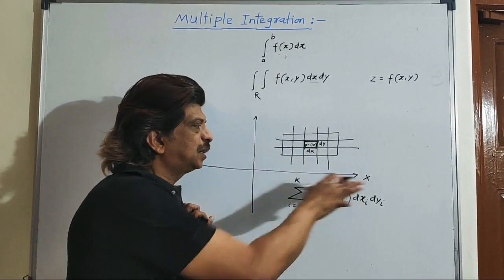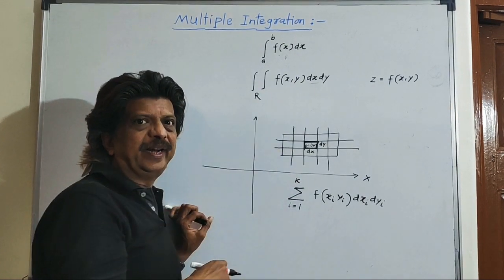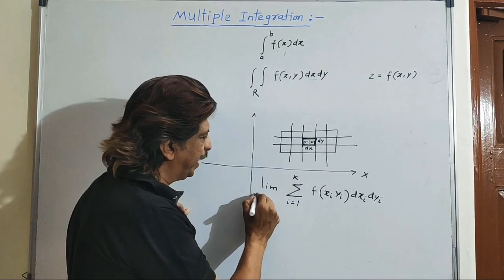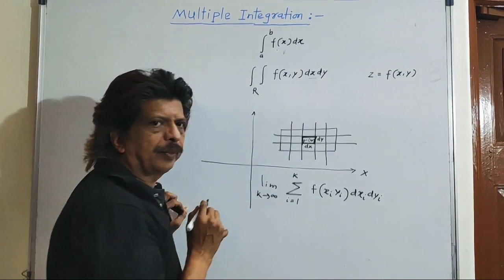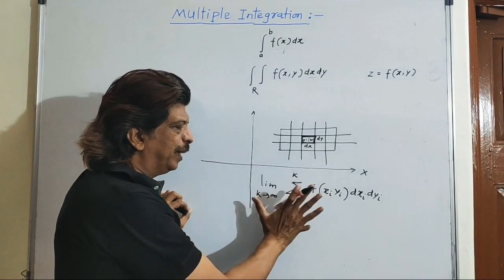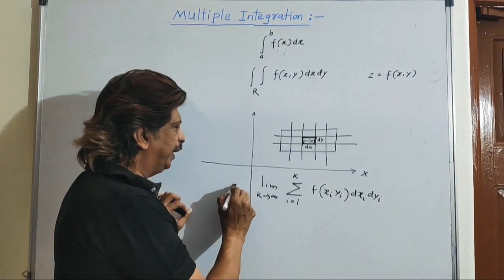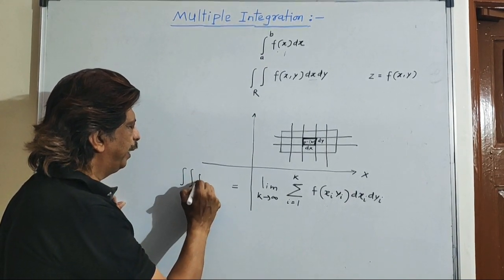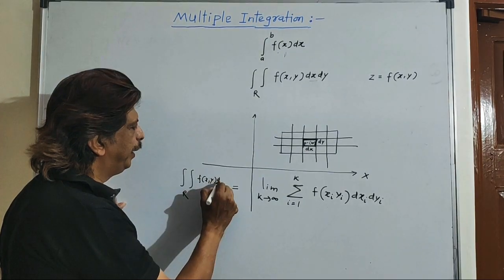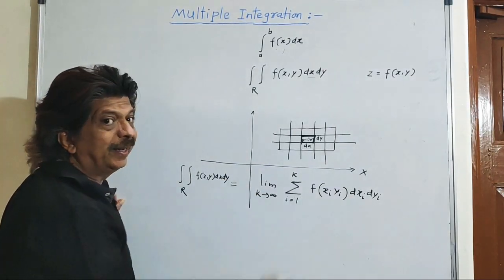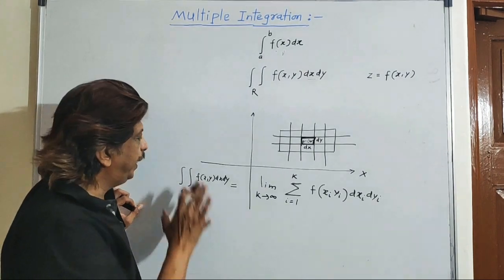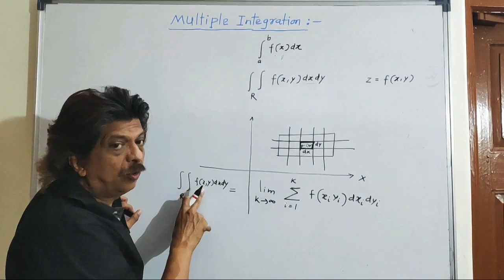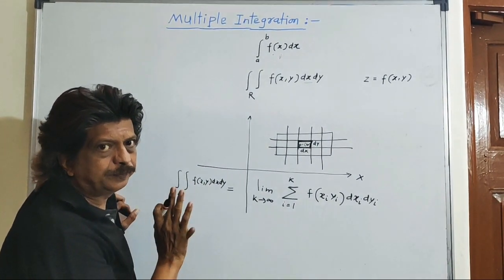Now what do we do? We increase the number of rectangles indefinitely. That means we take the limit of this sum as k tends to infinity. And this limit, as k tends to infinity, of this sum is nothing but the double integral over R f of x, y dx dy. This limiting sum is called the double integral over this rectangle R of the function z equal to f of x, y dx dy.